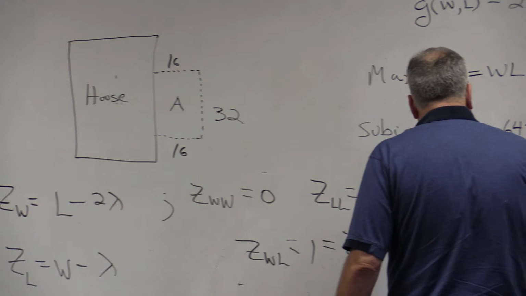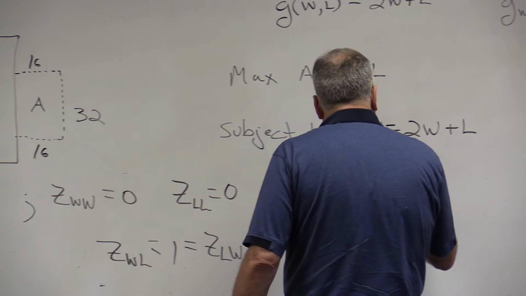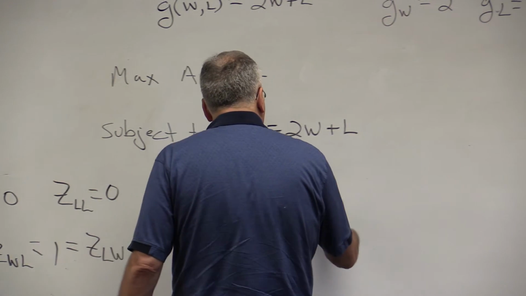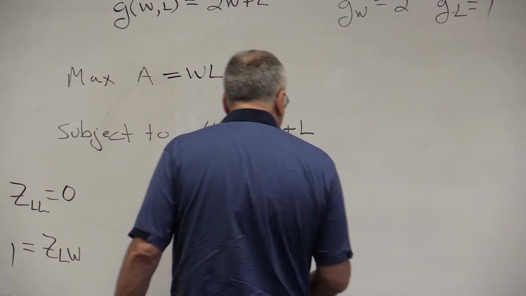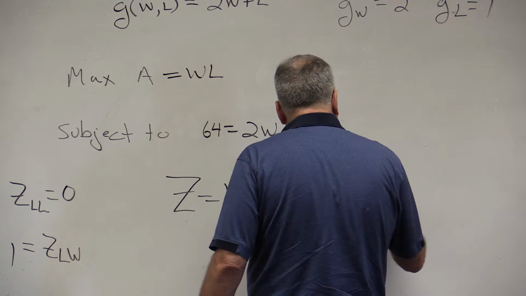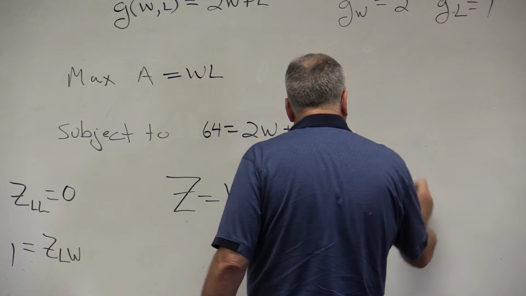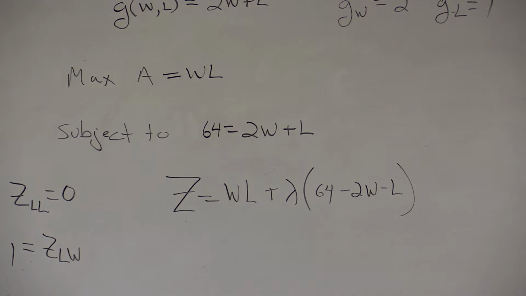Our Lagrange function is this: Z equals WL plus lambda times 64 minus 2W minus L. Who can tell me what this value of 16 means? It represents the change in your area. In this problem, your area can be considering a change in your constraint.